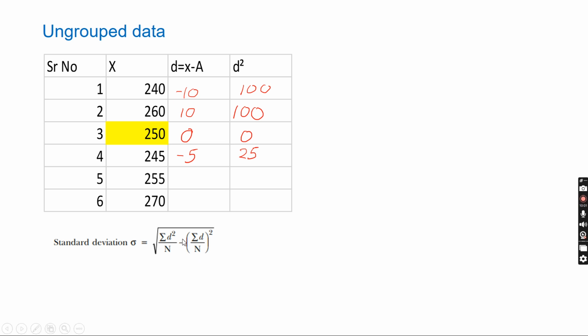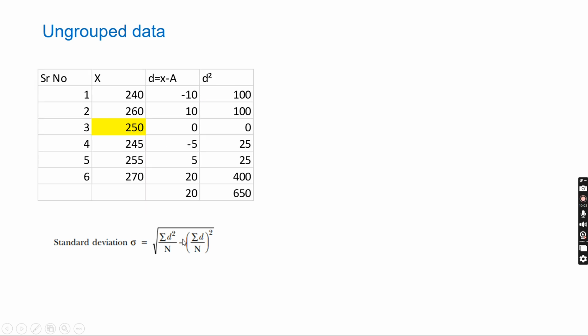I have already calculated the values for the table. Let's look at them. So I will recap. We have deviation, which is x minus a: 240 minus 250 is minus 10 and the square is 100. If you're wondering what a is, it is my assumed mean, which I have assumed to be 250. If you're using the assumed mean method, you can also take 245, 255 or 260. Only these values would change.